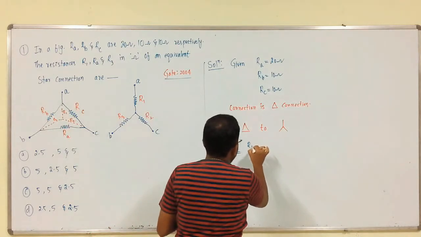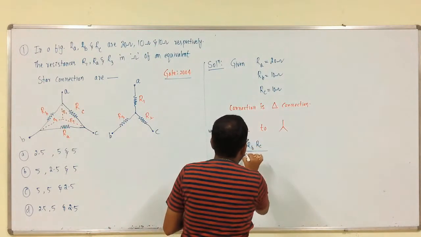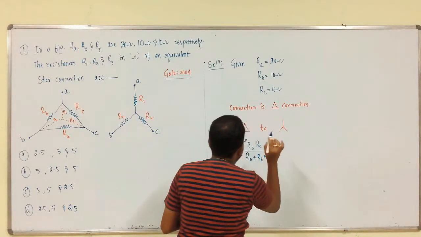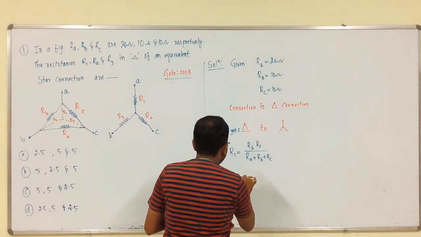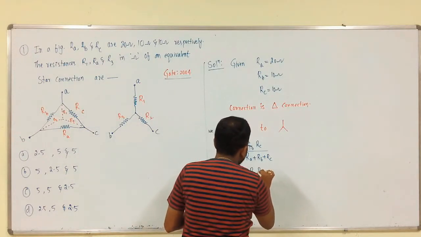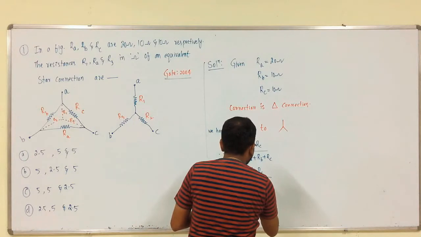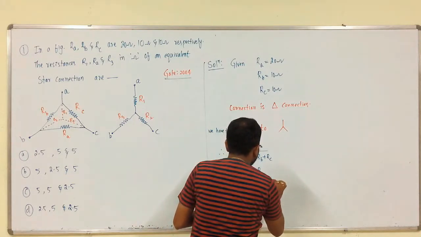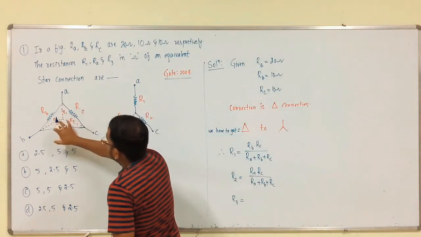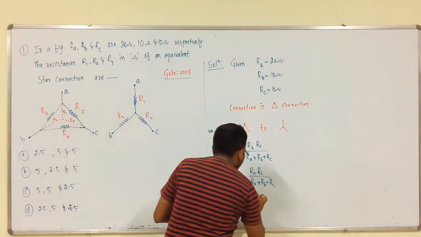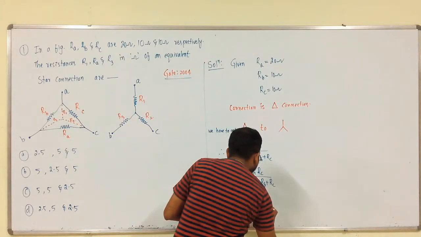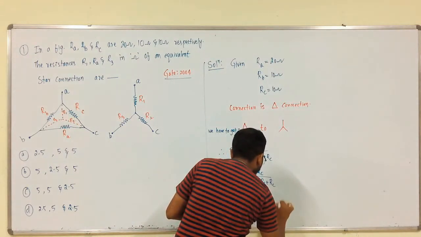Therefore, R1 is RB into RC by the total resistance, RA plus RB plus RC. R2 is RA into RC by RA plus RB plus RC. R3 is RA into RB by RA plus RB plus RC.